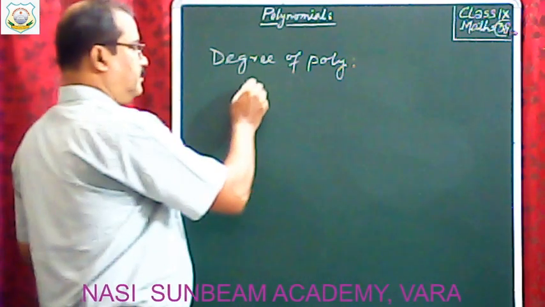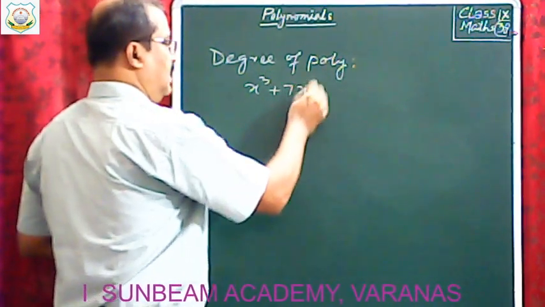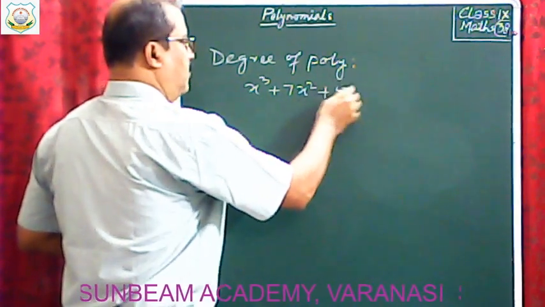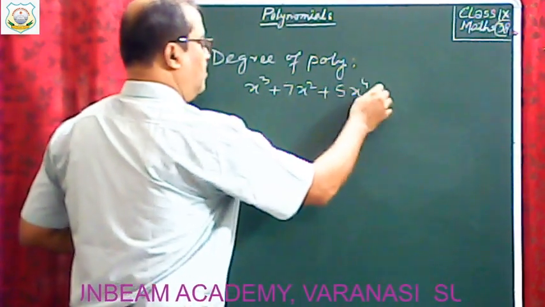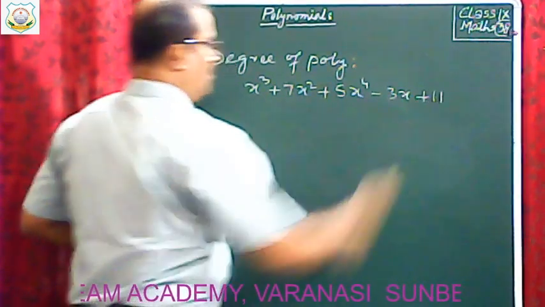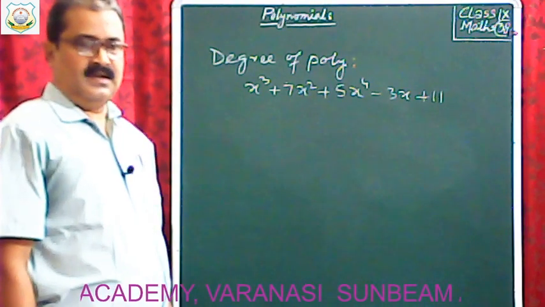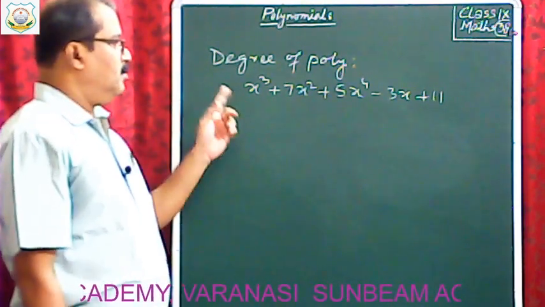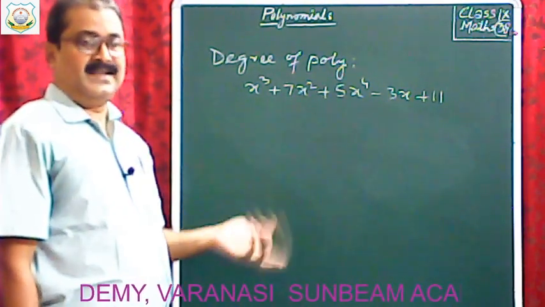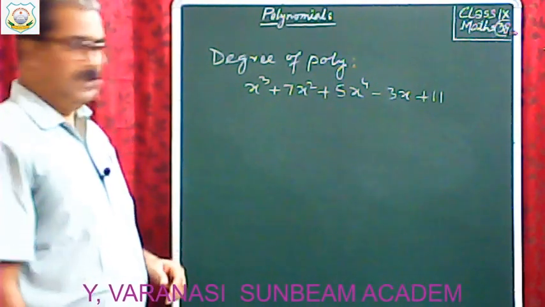Suppose x cube plus 7x square plus 5x to the power 4 minus 3x plus 11. One polynomial we have. Okay, standard form you know, according to descending order or ascending order of power of the terms, we have to rearrange the given polynomial.